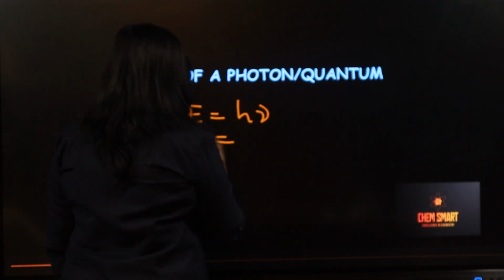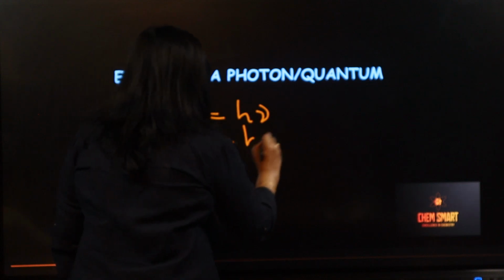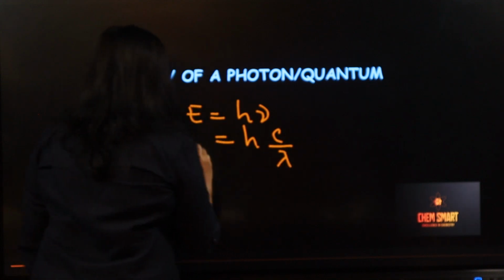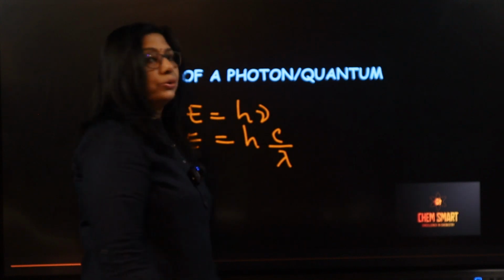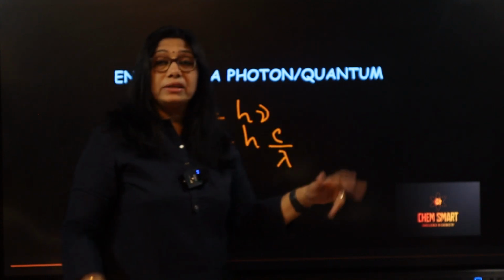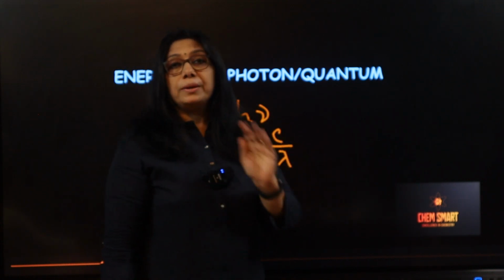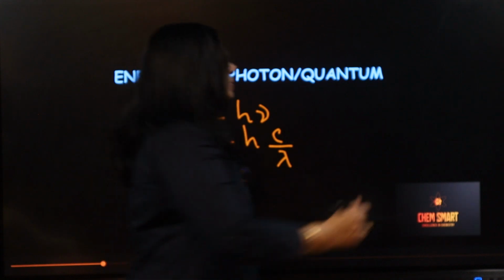Or h into nu, where nu is C by lambda, so we get E is equal to h into C by lambda. When you use this, C is the velocity of light, 3 into 10 raised to 8 meter per second, and lambda should be used in meters. You have to take care of that.